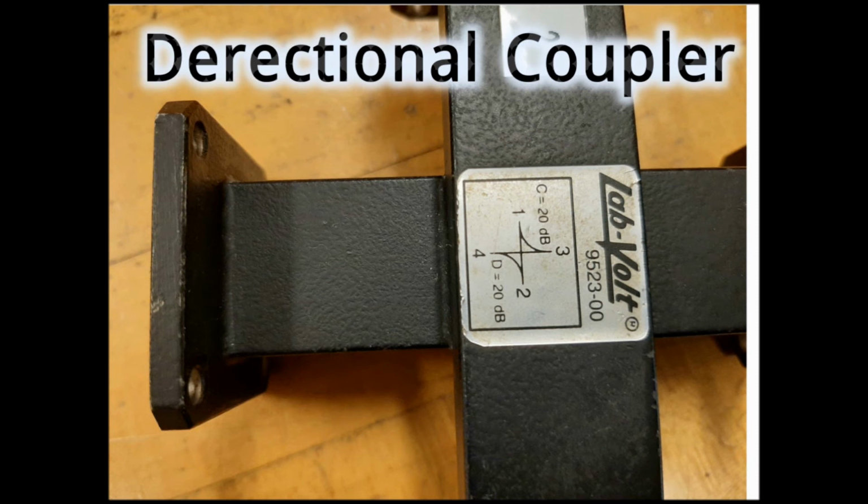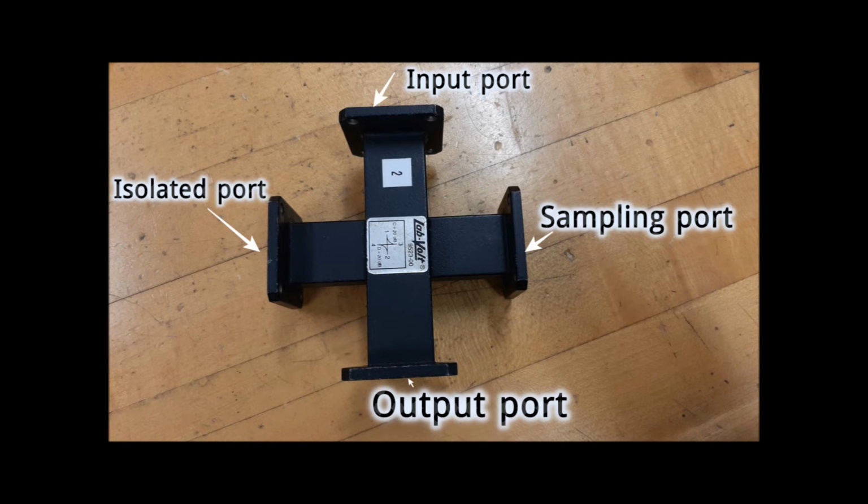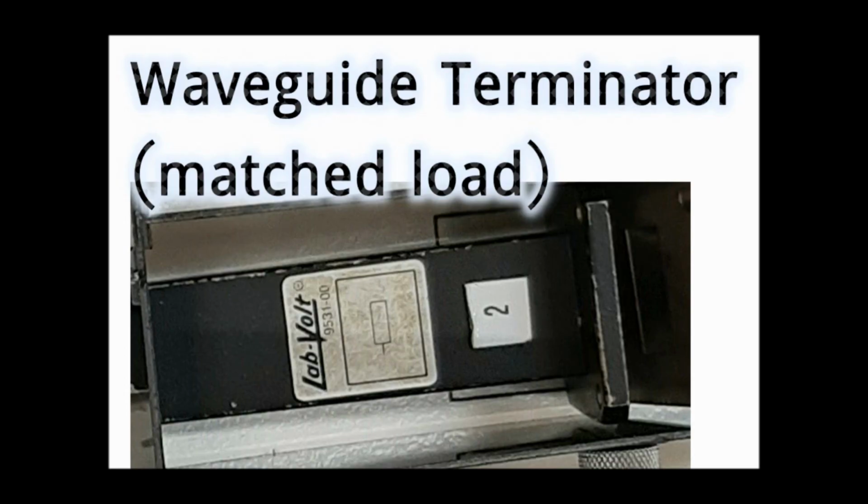The reflected signals can be measured by using this directional coupler. This directional coupler has four ports: input port, output port, sampling port, and isolated port. The input port is connected to the Gunn oscillator and the output port must be connected to the load, and the sampling port is also called the coupling port.